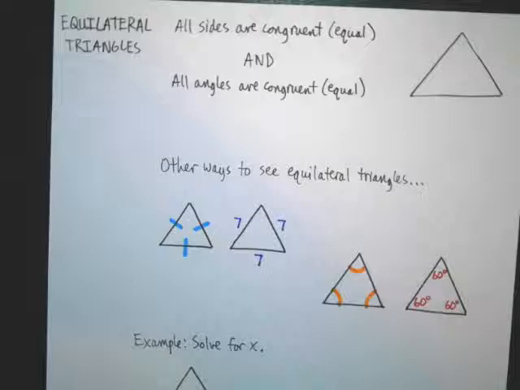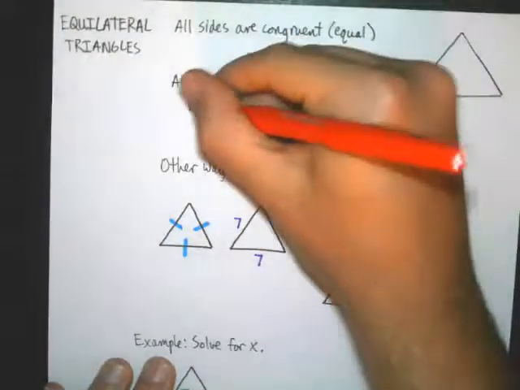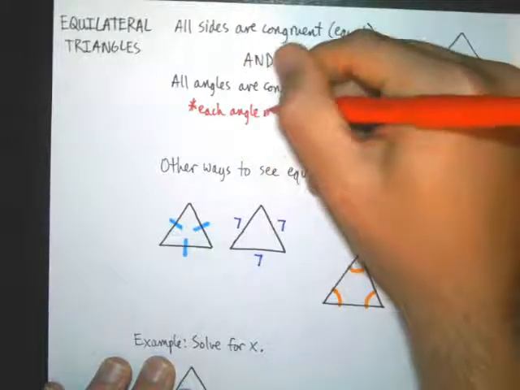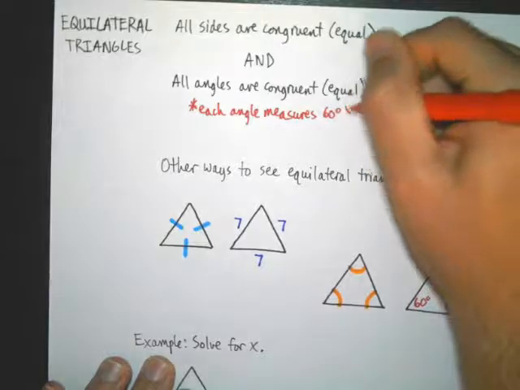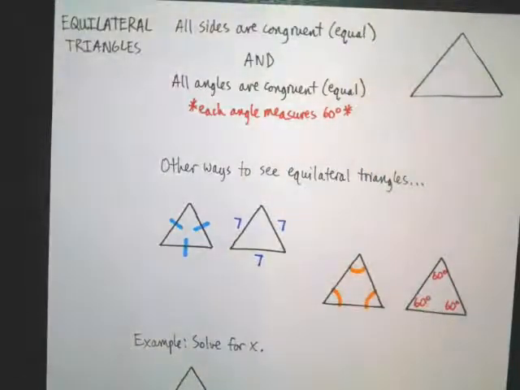Now, when I say that all angles are congruent, that means that each angle measures 60 degrees. If the total inside the triangle is 180, divide that by 3 so that each angle is equal to 60.